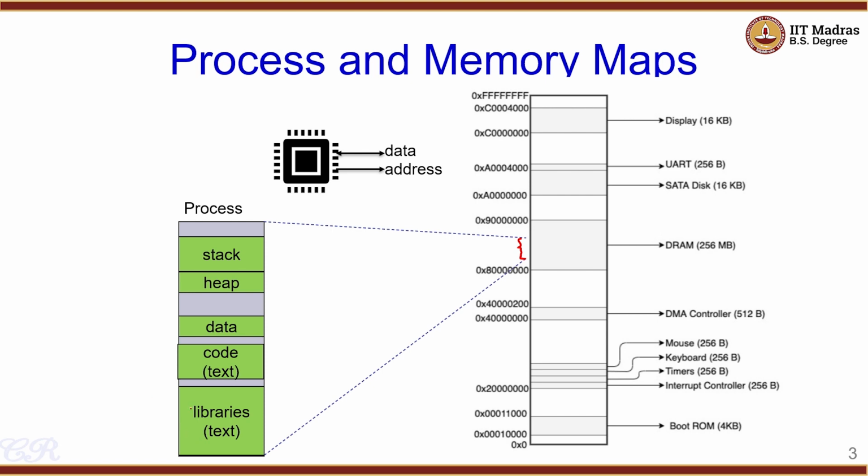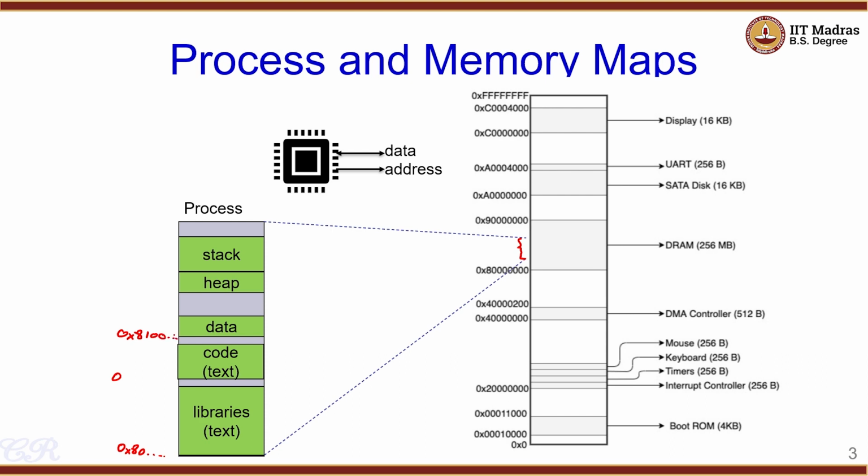So based on how the process executes, I could have, let's say, my code starting at 0x80 million, or my data starting at, like here, 0x81 million, and so on.